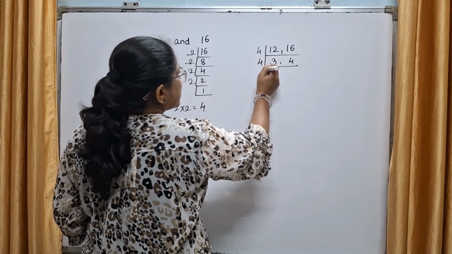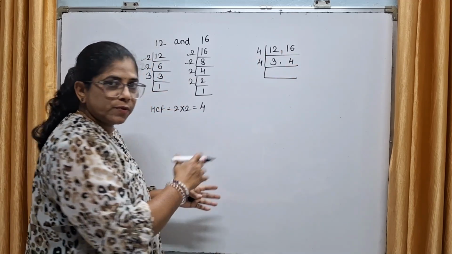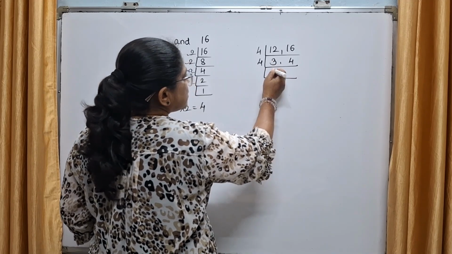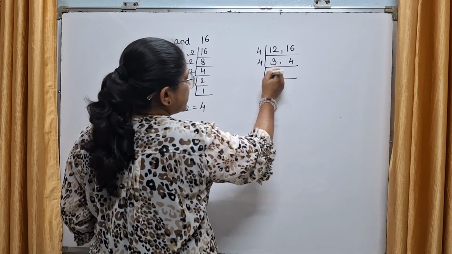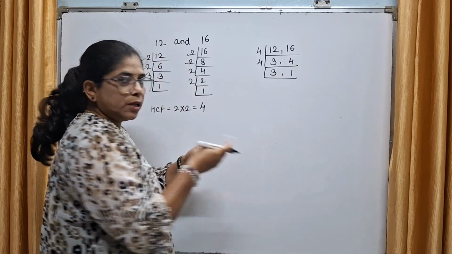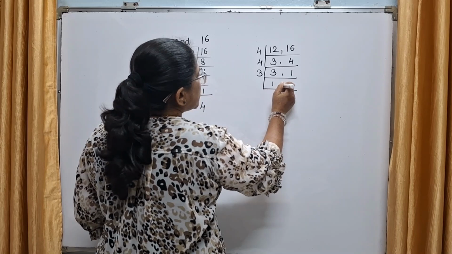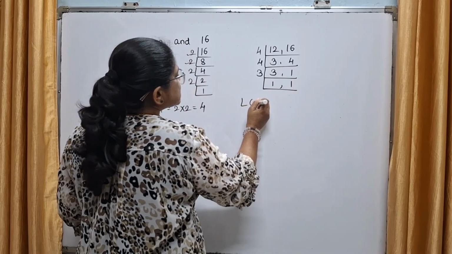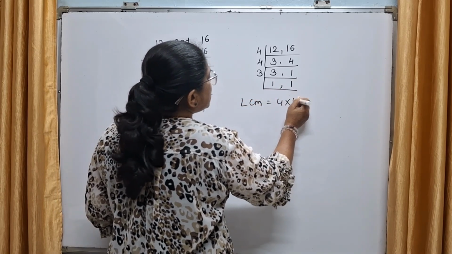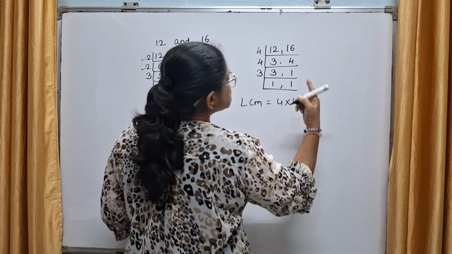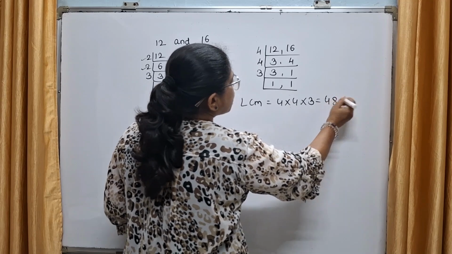I'll take 4 directly because there is no common factor between 3 and 4. 1, 3, 1. Now only 3 is remaining. Take 3 as it is. 3, 1, 1. So LCM is 4 into 4 into 3. 4 4s are 16, 16 3s are 48.